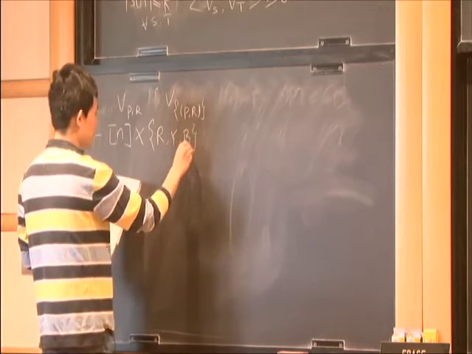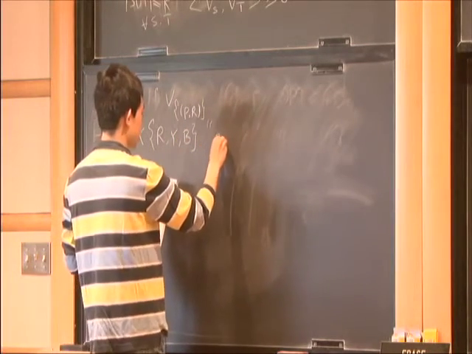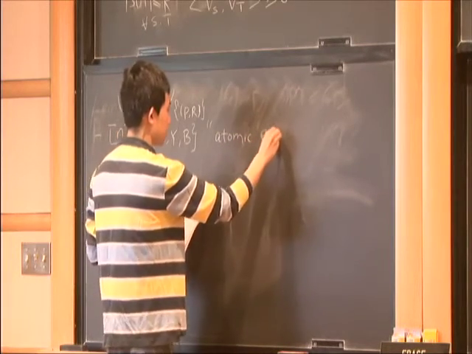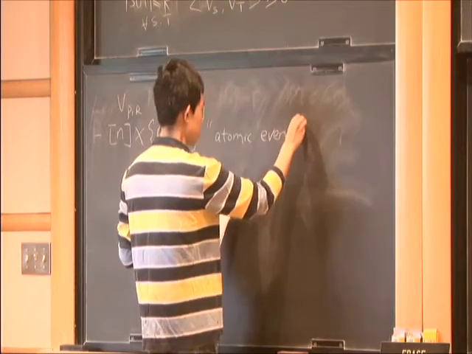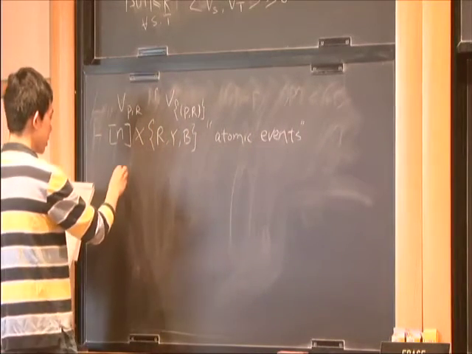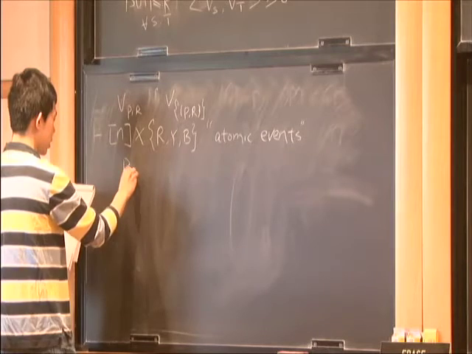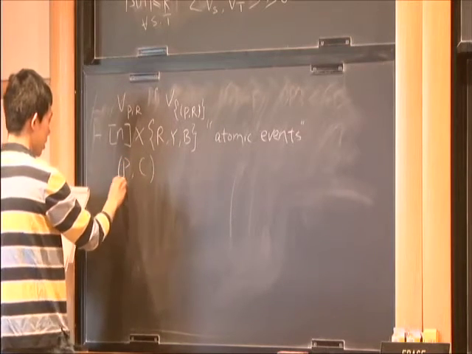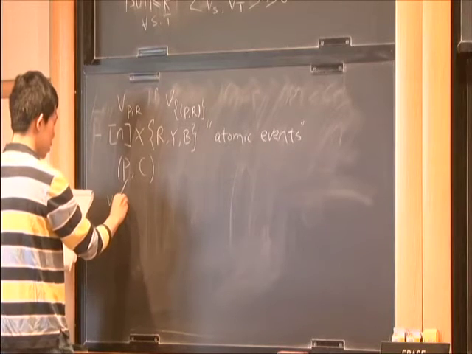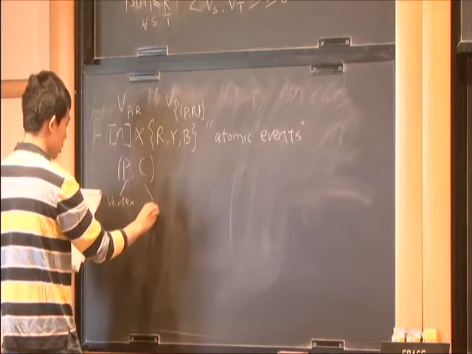It's a set of atomic events. So an atomic event is just a pair P and C, where P is a vertex, and C is a color.